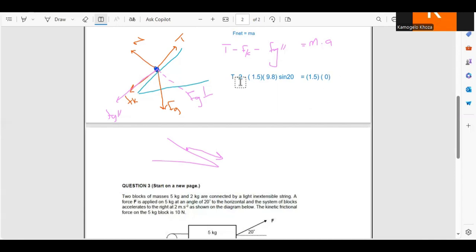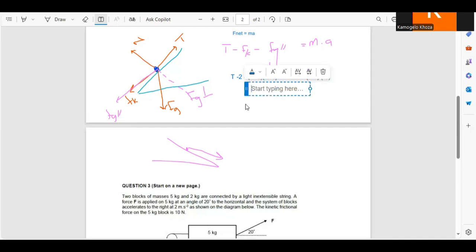Now if you say minus 2 minus 1,5 multiplied by 9,8 sine 20, punching it into your calculator, you should get negative 7,028 if I round off to two decimal places. So basically here we are left with T minus 7,028 equals 0.